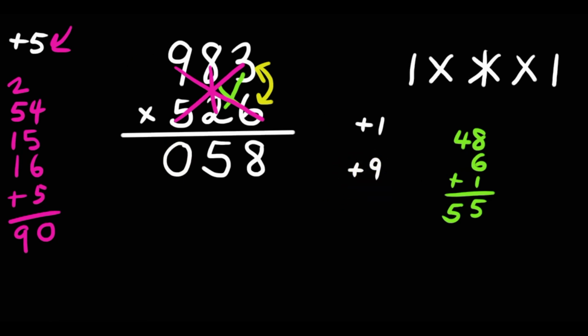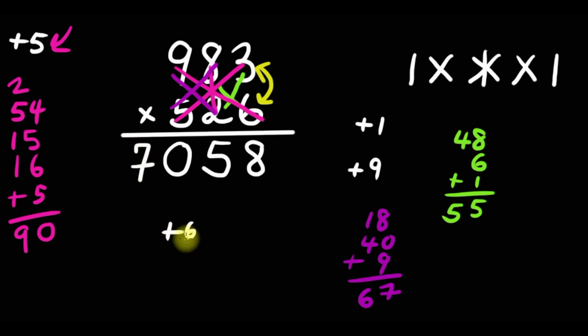All right, and then the next one is just going across, so 9 times 2 is 18, and then 5 times 8 is 40, so you have 18 plus 40, and then plus 9. Okay, so that's 7, so that makes this a 67. Okay, so we need a 7 here, and then a plus 6 on the next one. And next one's really easy here. You got 9 times 5.